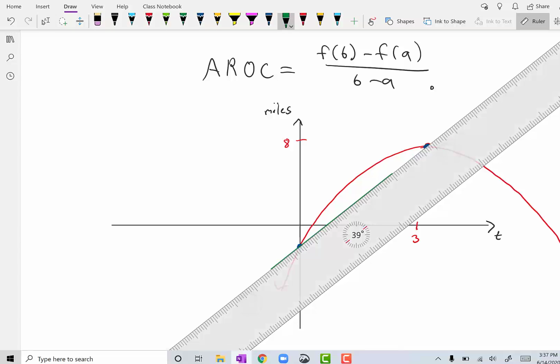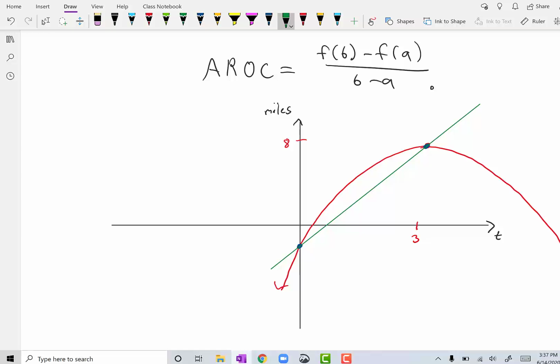Let me draw a line there. This is called a secant line. And if you think about it, the slope of this secant line is exactly the average rate of change, right?